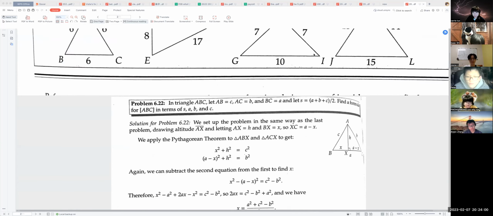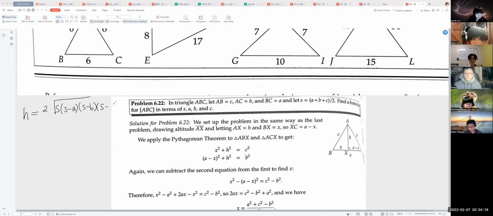I think I just missed it. I didn't draw every page. Okay, so first of all, I'm going to ask you to write down the H. So H equals 2 times the square root of S times S minus A times S minus B times S minus C, divided by A. Okay, so that is the height formula. Did you write it down, everybody?